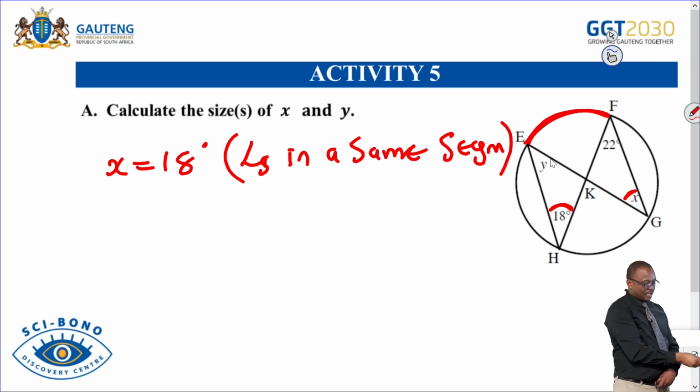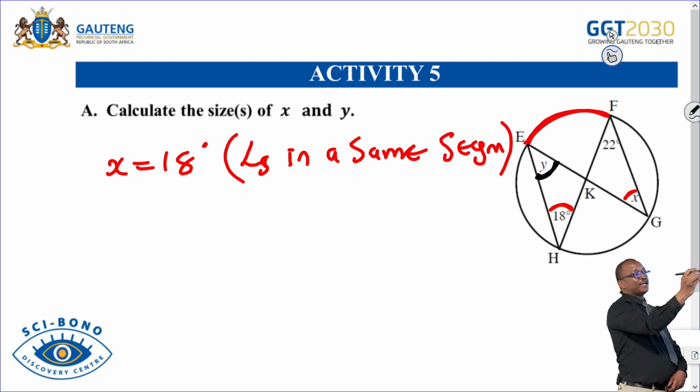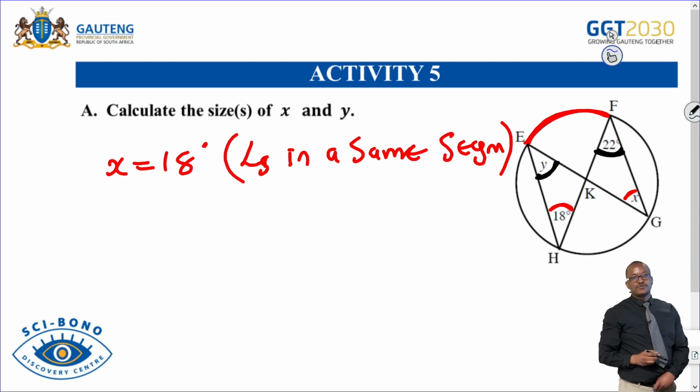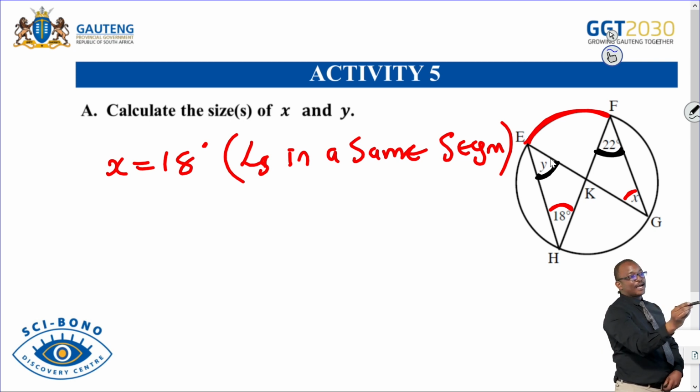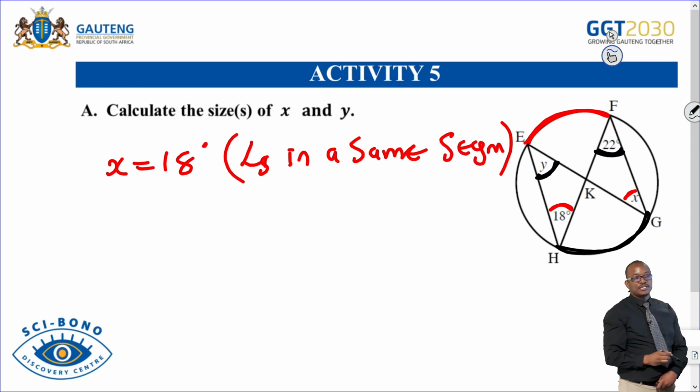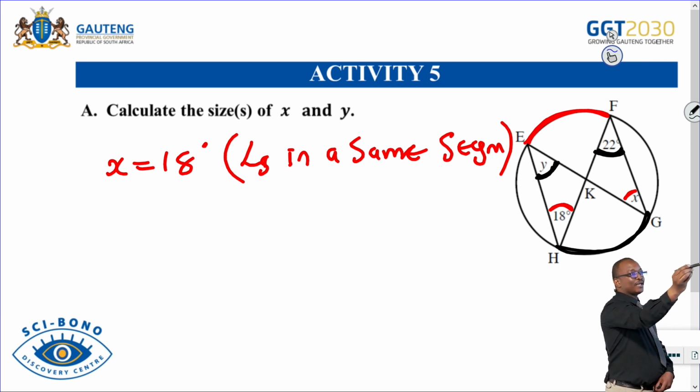The very same thing will apply in y. We have the angle that is unknown, y, and we have the angle of 22 there. Then the arc of HG or GH subtends those equal angles there.